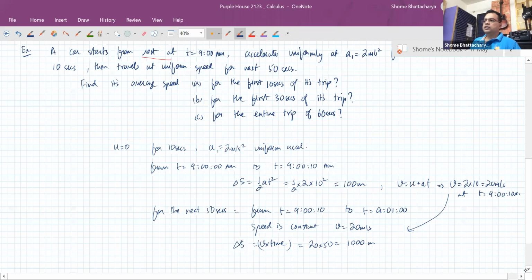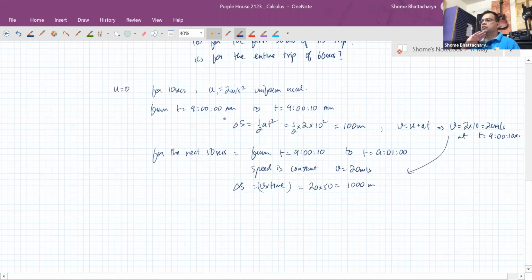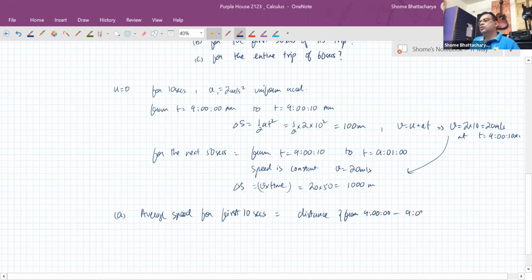Once we have all this information, we can organize it better and answer the question that we have. So the average speed for the first 10 seconds is equal to what? The distance from 9 o'clock to 9 o'clock and 10 seconds, divided by that time.